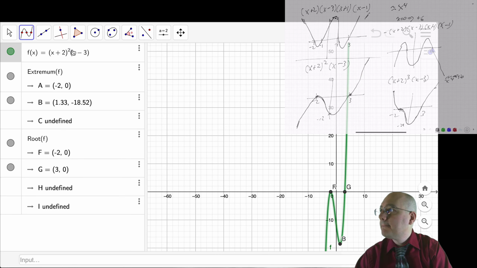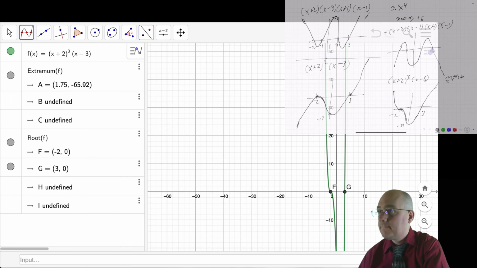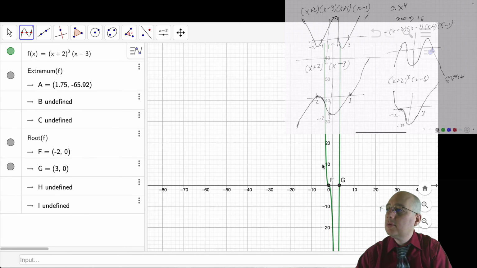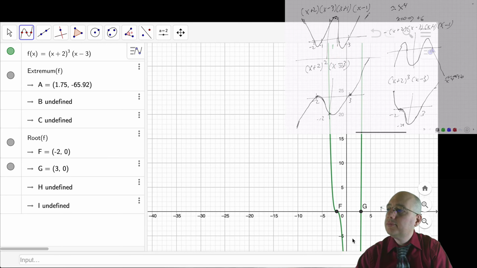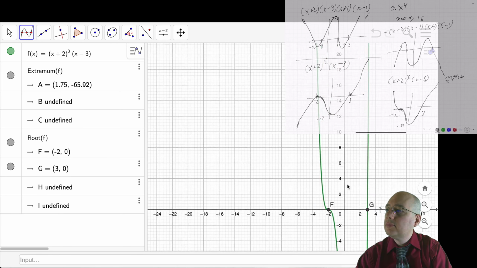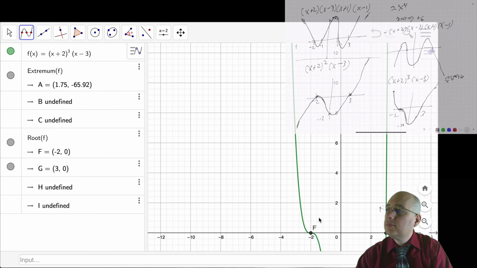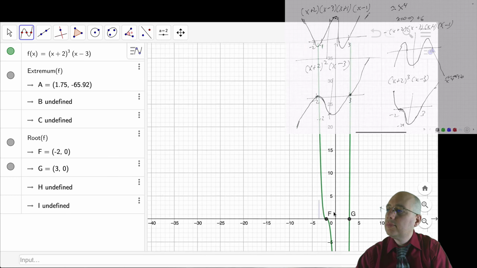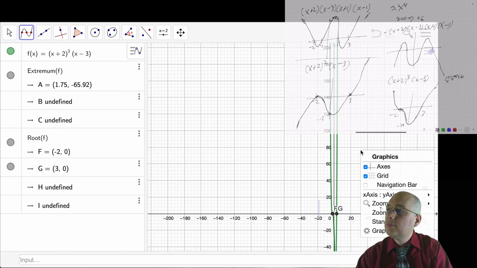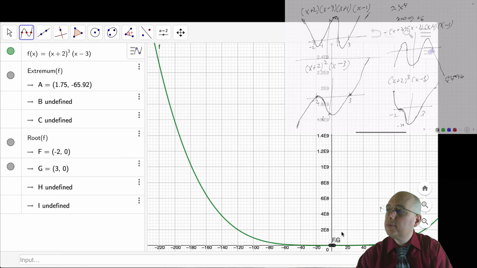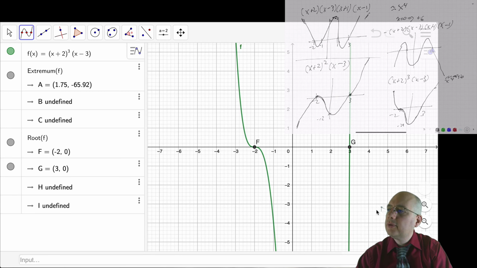All right. So there we go. Let's see what zoom to fit does for me. Oh, not good. Standard view.